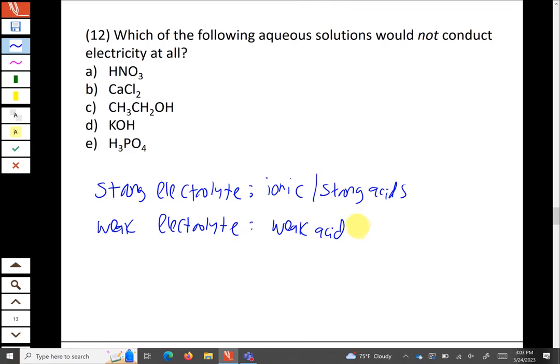So when you dissolve a weak electrolyte in water, or when you make a weak electrolyte solution, you have sort of partial breakdown of the compound into ions. You're going to produce some ions in the solution, but not as many, so it won't have as high of an ionic concentration. But both of these are considered electrolytes, and both of these would conduct electricity. I can't draw brackets, let me just do a square one. So both of these would conduct electricity.